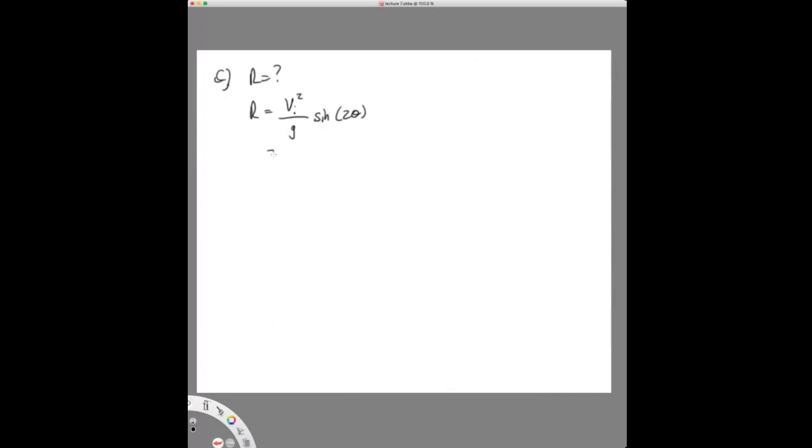Now, going back to the range equation, my Vi is 128, so 128 squared over 32 times the sine of 2 times 30. So that means the sine of 60 on my calculator, and that is 21. I don't think that's right.